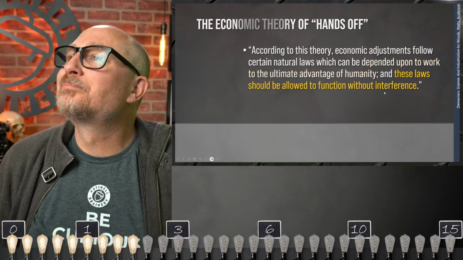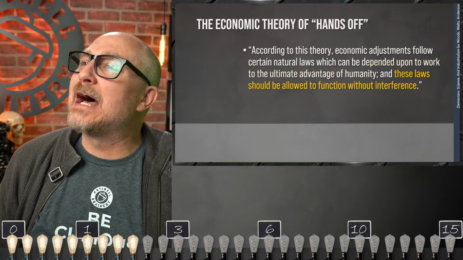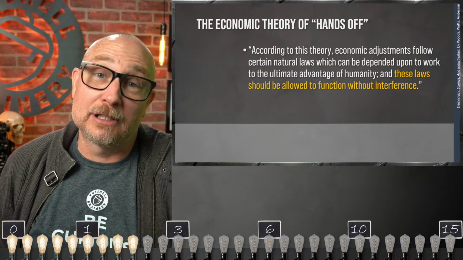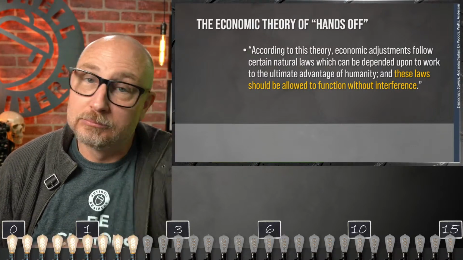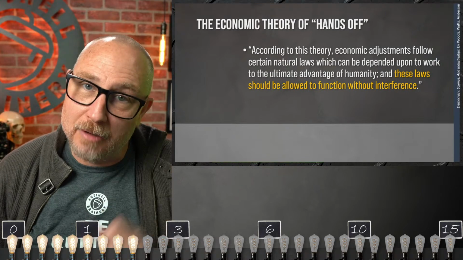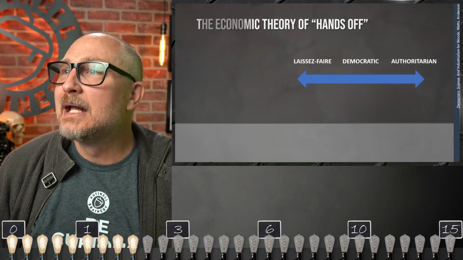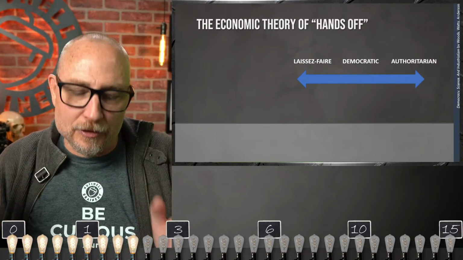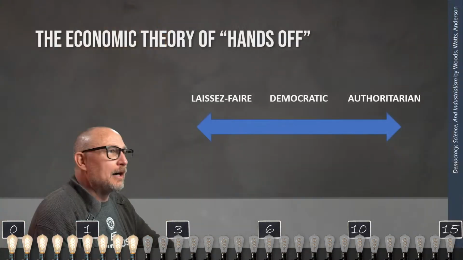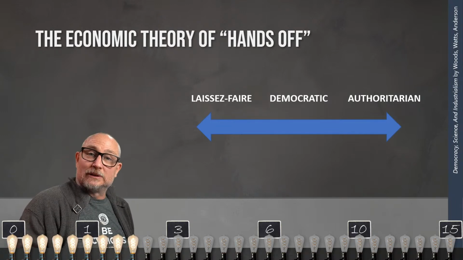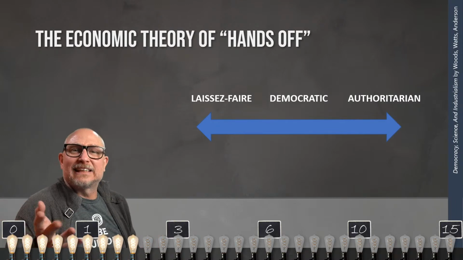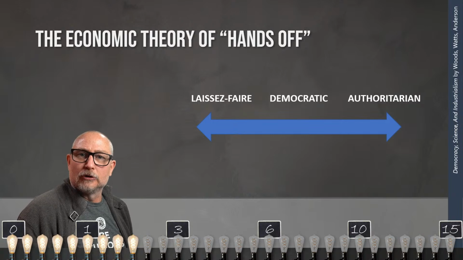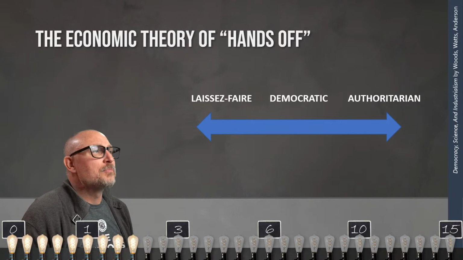continuing on, these laws should be allowed to function without interference, which basically means no government regulation. Now, laissez-faire kind of exists on a continuum, with laissez-faire on one side, which means leave it alone. Laissez-faire, by the way, is French. C'est un mot français.